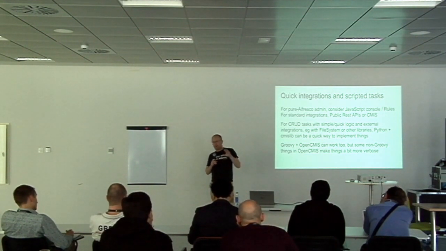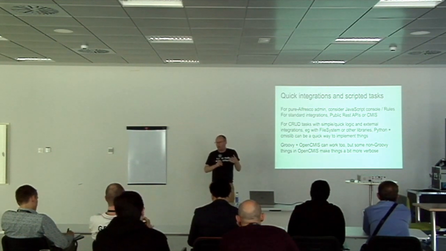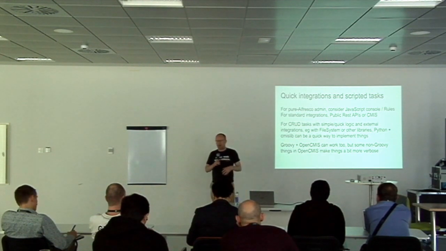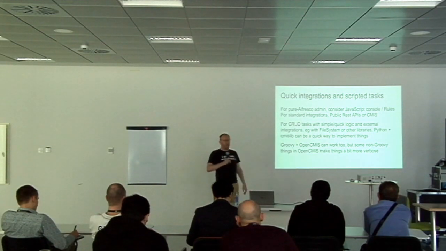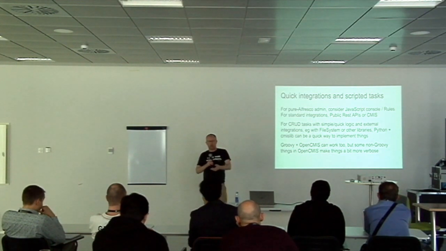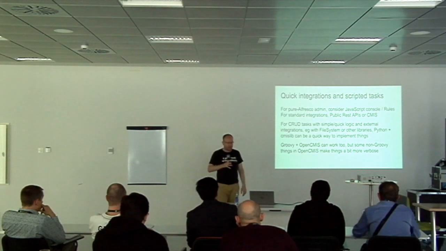But when you need to script up something for a one-off or maybe run a few times with a quick bit of logic, connecting to your Alfresco repo, maybe fetching some things, changing some things, deleting some things, the easiest way I know of is to use Python and CMISlib, to use CMIS operations to do all your basic CRUD stuff.